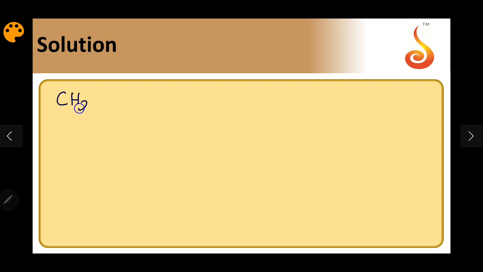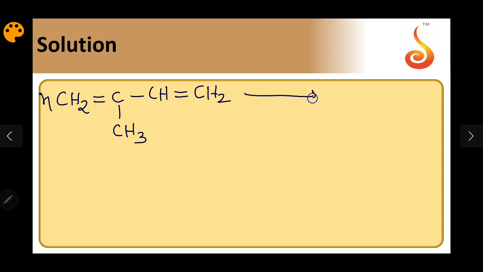CH2=C(CH3)-CH=CH2. So when n molecules are polymerized, what happens? The double bond gets shifted. So this will go here, this goes to another molecule, and in some other molecule you get a bond here.